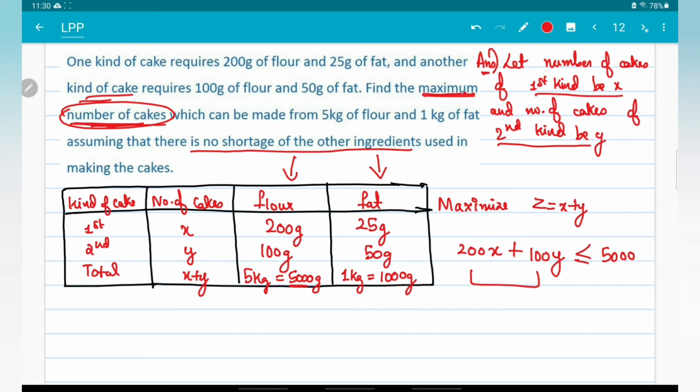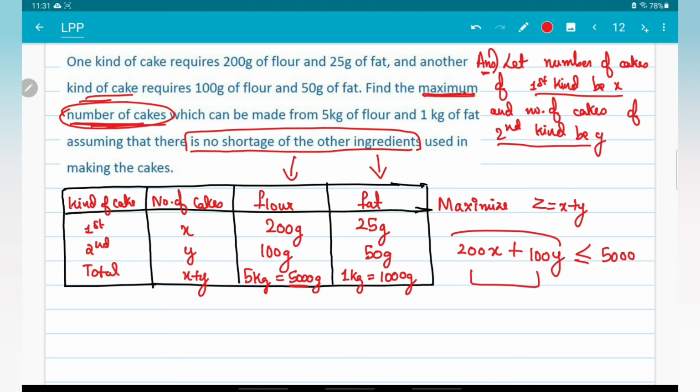This is how much we need to make the cakes, and those 5000 grams can be either more than what we need, or it can be equal to the exact requirement. It will not be less than our requirement, because they have said that there can be no shortage of those ingredients. So that is why we have taken this much as our requirement, 200x plus 100y.